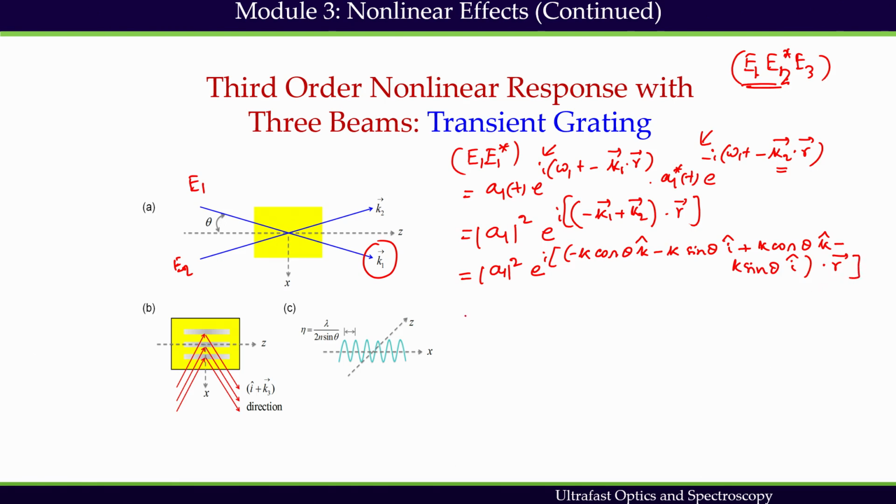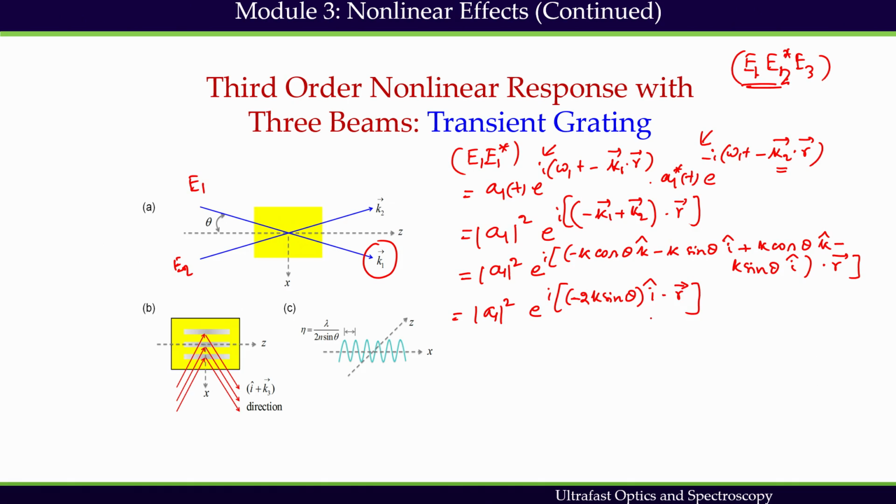This is what we get. We can further simplify this to modulus of A1 squared e to the power i, minus 2k sine theta i-hat dot r.